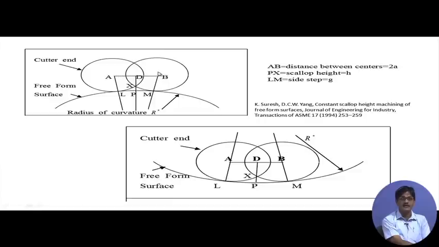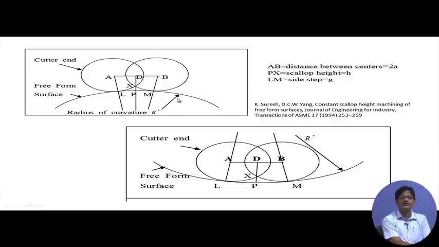These are side by side on separate cutter paths and this is the small amount of material left behind uncut, and P x denotes the height of the scallop. It is written here P x is equal to scallop height, A b is equal to distance between centers. Obviously, these are the centers of the two positions of the cutter round nose and we are calling it twice A, and the side step however, is the distance between the two cutter contact points at L and M, and therefore, L m denotes the side step.